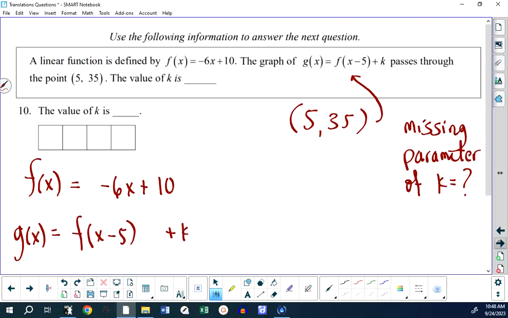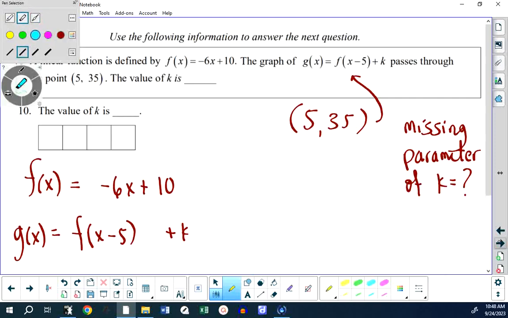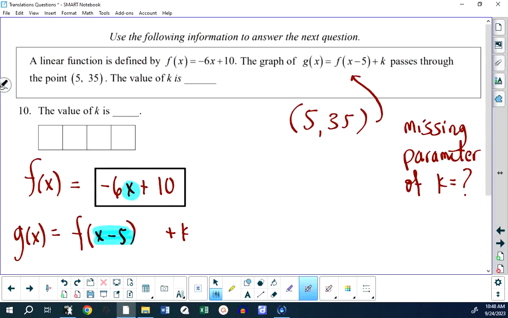Now, what does f of x minus 5 mean? F of x minus 5 means that what you have to do is take this x minus 5 and put it right here. And if I do that, then this whole thing becomes f of x minus 5.